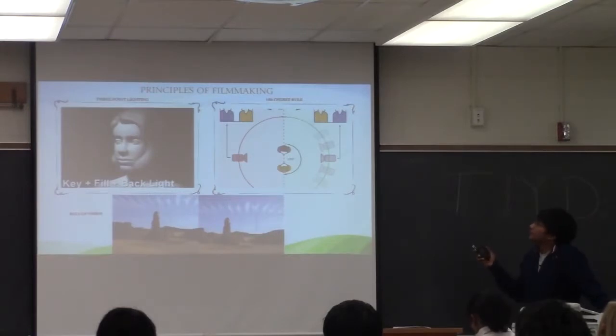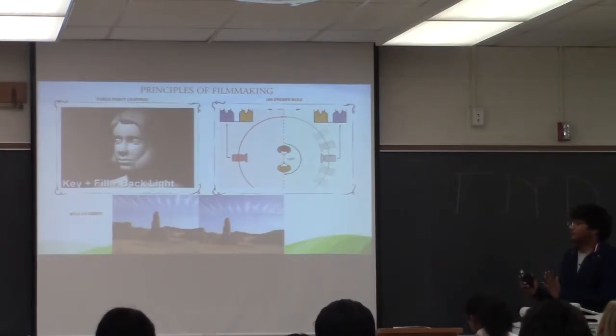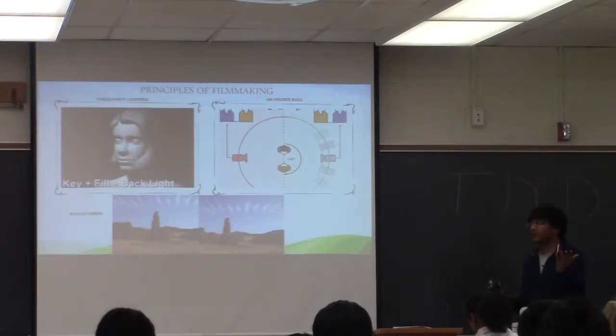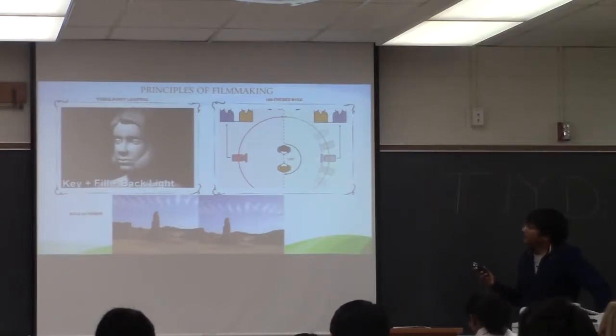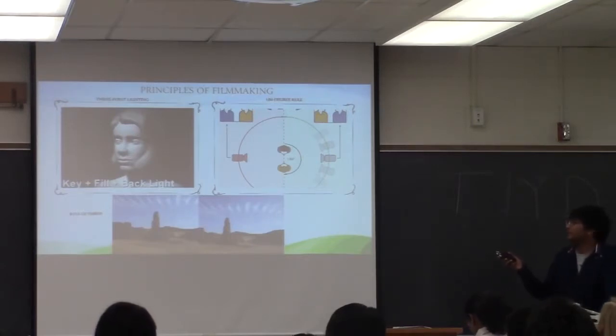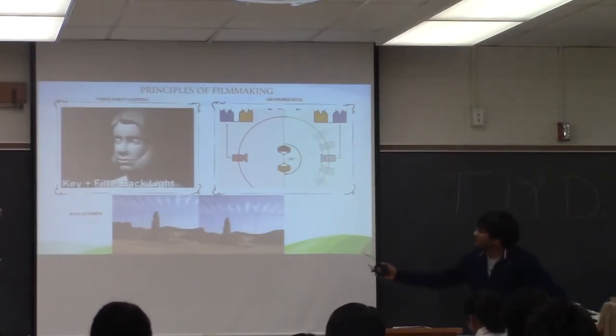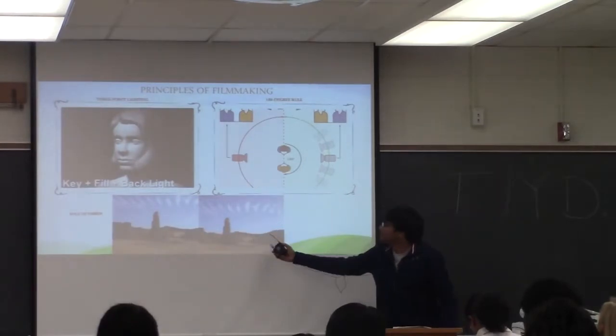And the other principle in animation is the 180-degree rule. If you look at the picture from the north or south face, it looks the same. The next one is the rule of thirds. Basically, the animation picture is divided into 9 sub-regions.